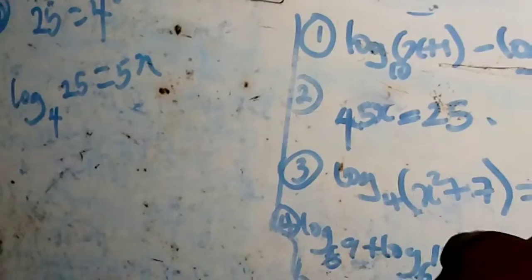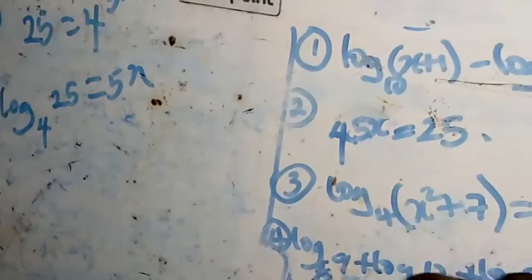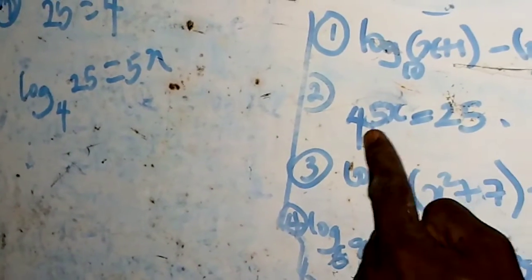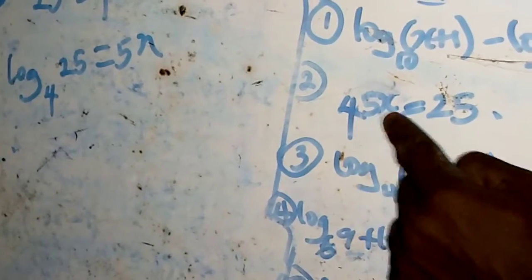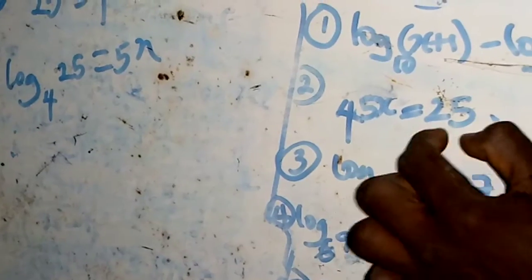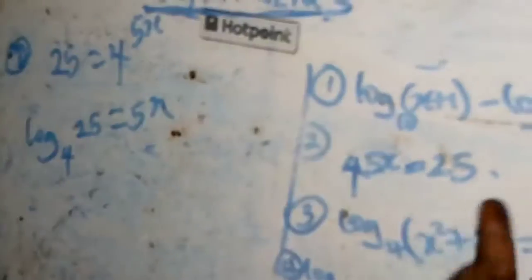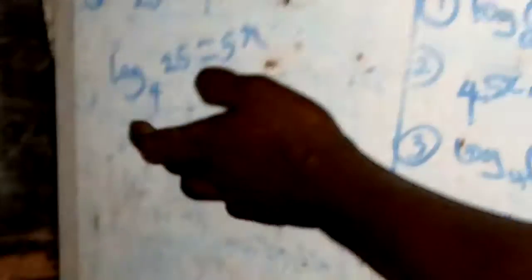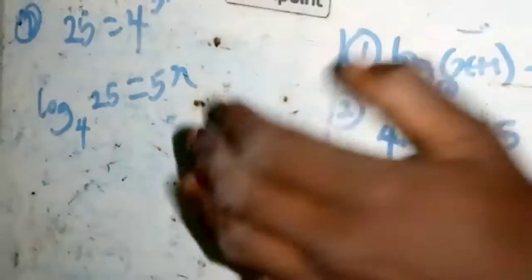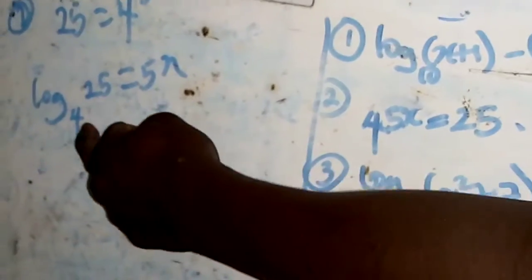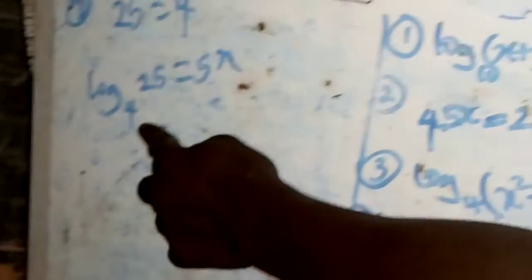But don't worry, I want you guys to notice something here. This is the question: 4 raised power 5x equals to 25, but it is still the same thing as saying 25 equals to 4 raised power 5x. It's still the same thing. So okay, from where we stopped, since the base here is 4, we can never press this on the calculator.